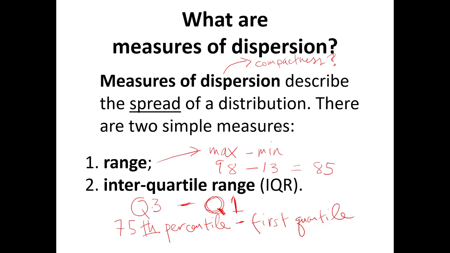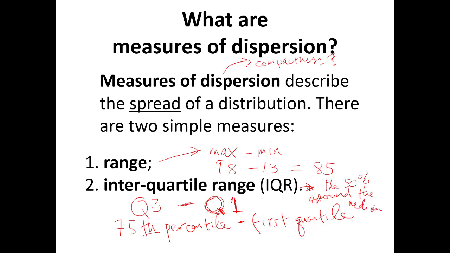So the interquartile range captures half of all the values. So it basically is one way to get at the spread around the middle. We might call this the 50% around the middle, or technically the 50% around the median.